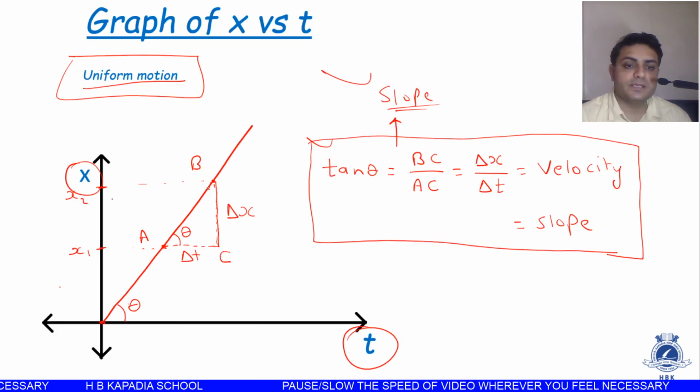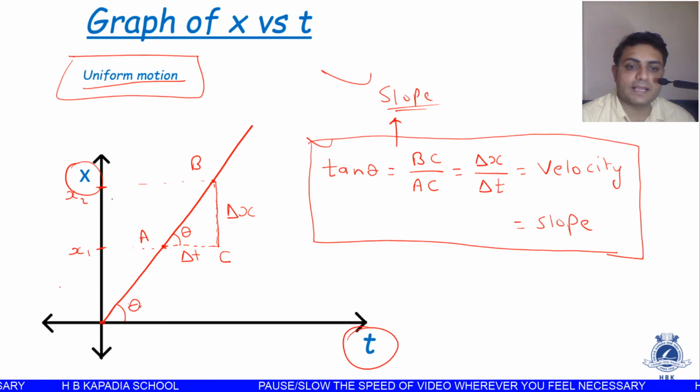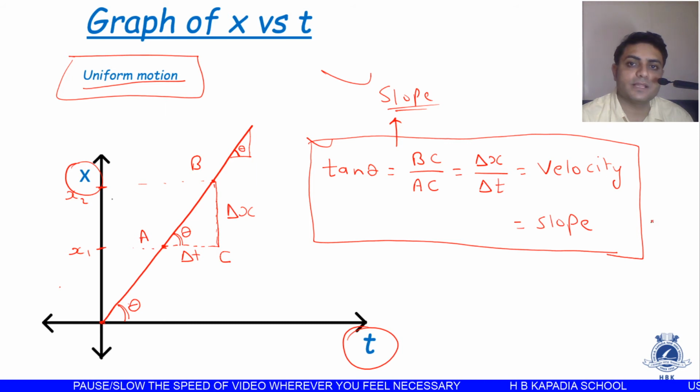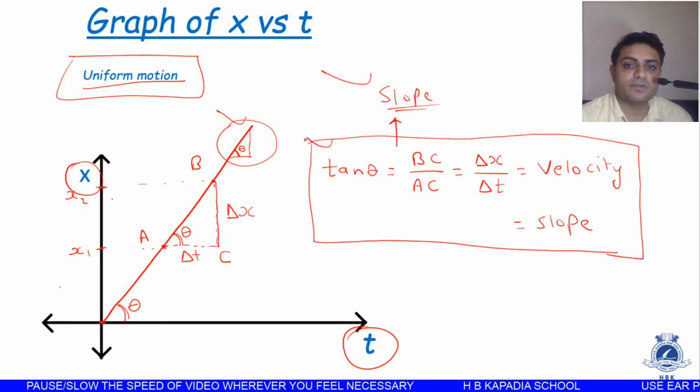Imagine in this case the angle theta at this point or at this point, at both points the angle remains the same. Even if I take a triangle at any point, it should be a right angle triangle, that is the condition. If I take an angle at this point, suppose theta, then if I find out the value of tan theta, it will give the same result it was giving for AC and BC.